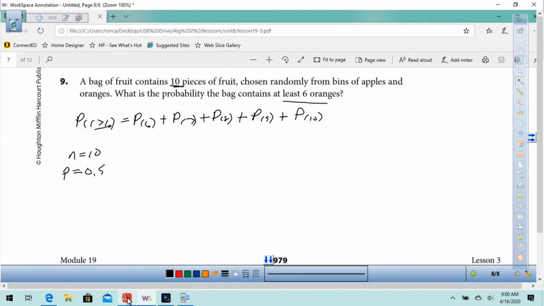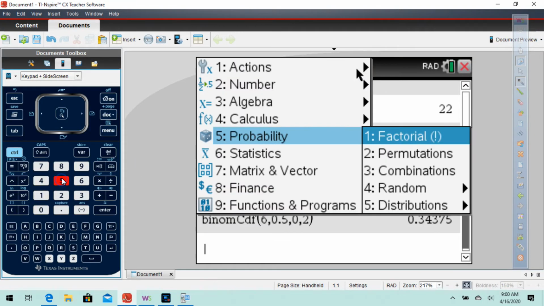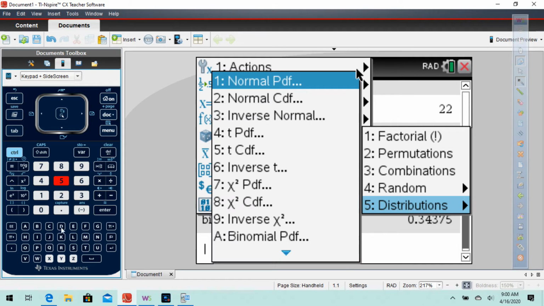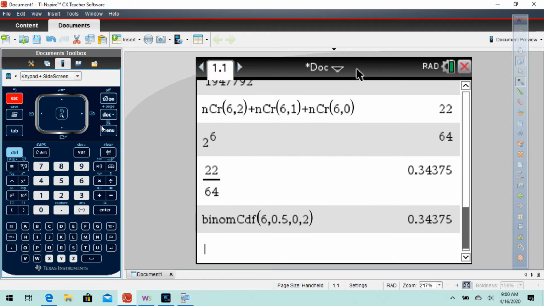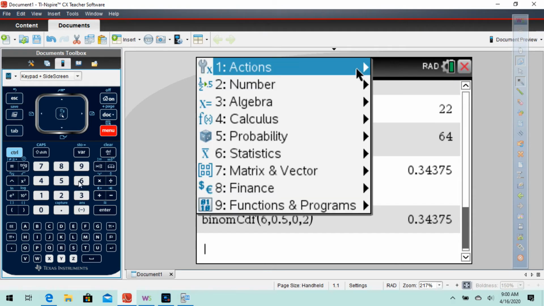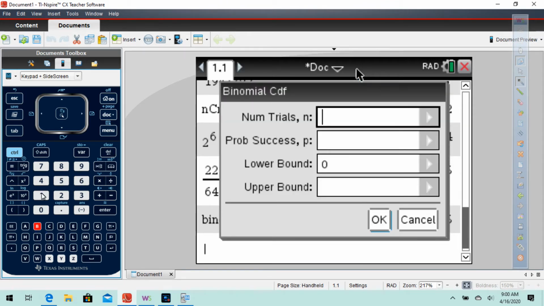In the Inspire, we're going to say menu 5, 5, 2. Our lower bound is going to be 6. I don't know why I did that. It's menu 5, 5, and then B, number of trials is 10.